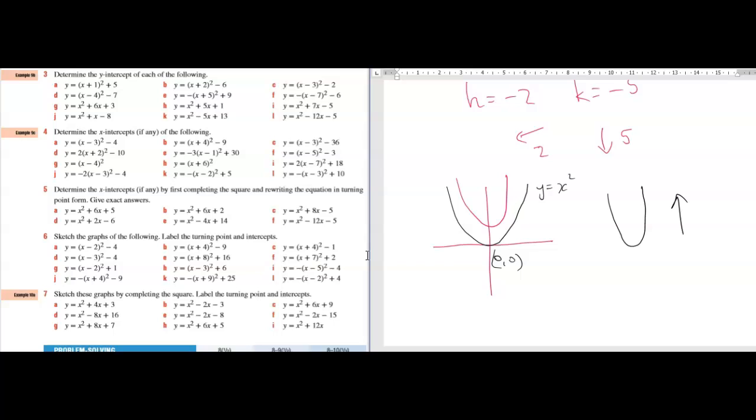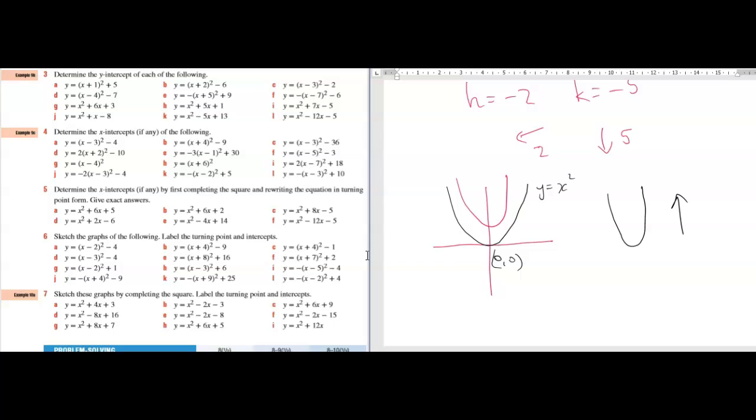So I can see in question 4 which ones won't. A will, B will, C will, D will, E will, and I'll explain that negative one in a sec. F will, G will. G and H will only have one. They'll actually be on the x-axis.